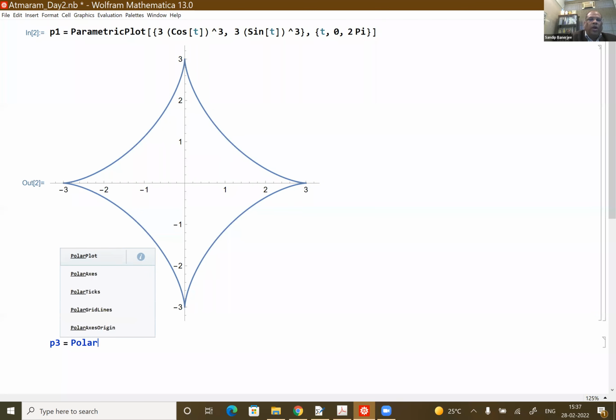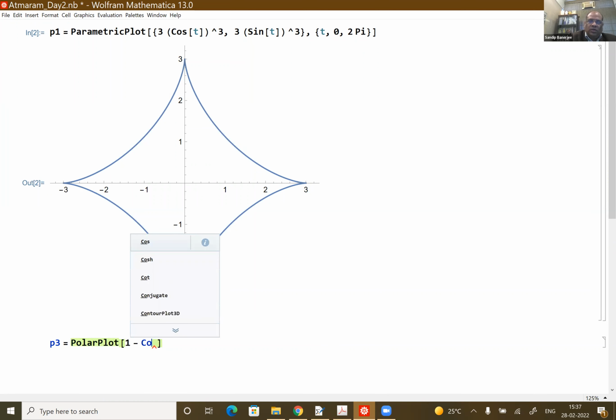Something called polar plot. These are very handy when you teach in the class. Say 1 minus cos t.